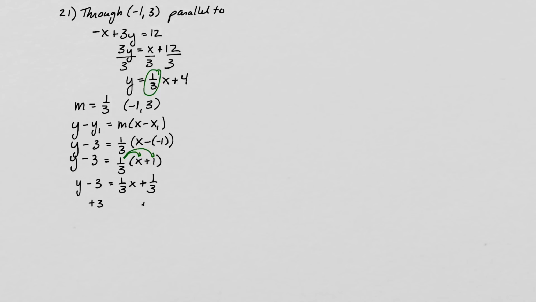I'm going to add 3 to both sides. So y is going to be 1/3 x. And now, to add these two things together here, I have to have a common denominator. So remember, I can think of 3 as 3 over 1. And if I want the bottom to be 3, I'm going to have to multiply top and bottom by 3.